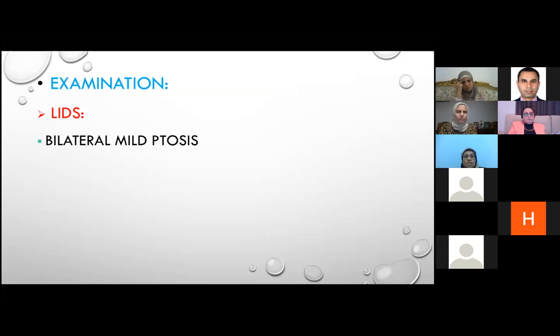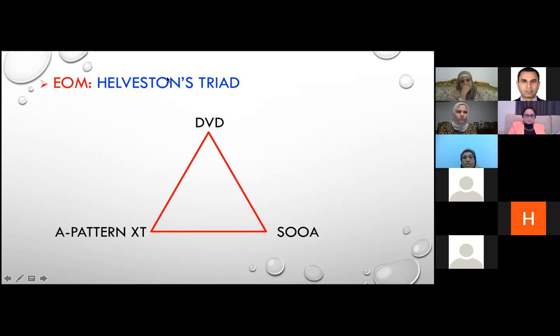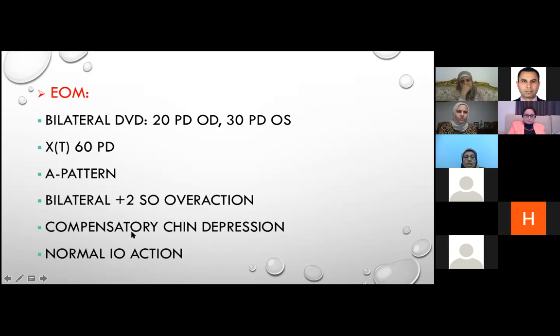So the lids had bilateral miosis, and the extraocular muscles had bilateral DVD, more in the left eye, exotropia of 60 prism diopters, A pattern, and bilateral +2 superior oblique overaction. So he had the Helveston triad of DVD, superior oblique overaction, and A pattern exotropia. In addition, he had a compensatory chin depression, as the angle of XT was much less up due to the A pattern, and he had normal inferior oblique overaction.